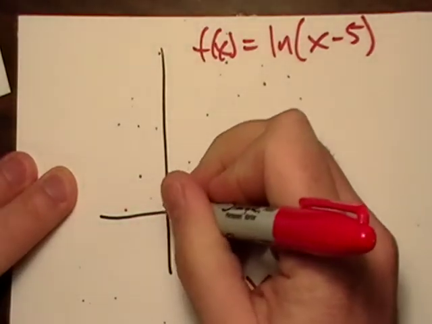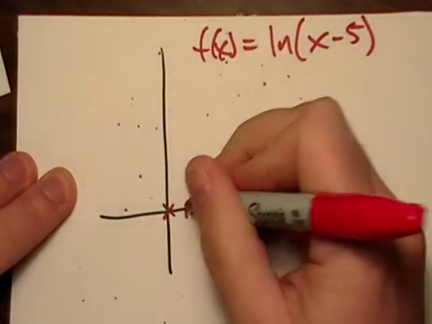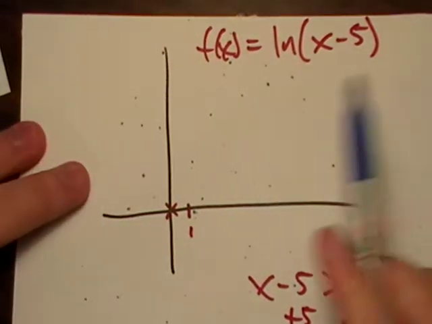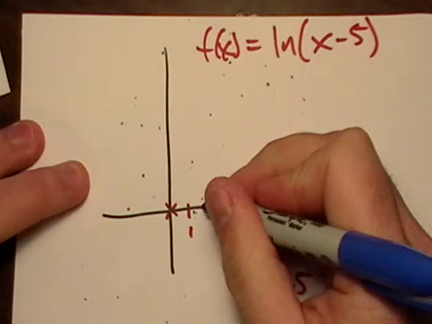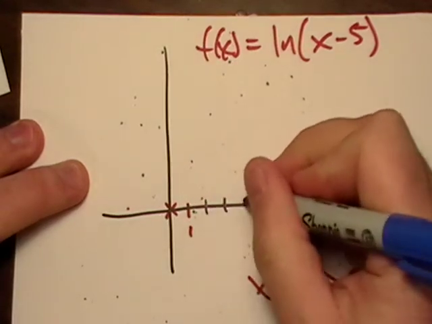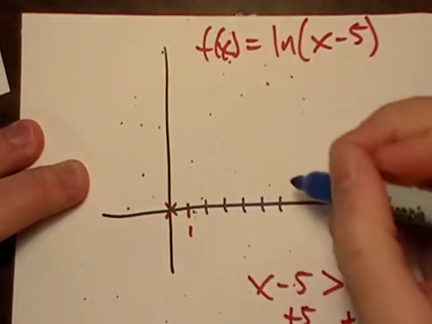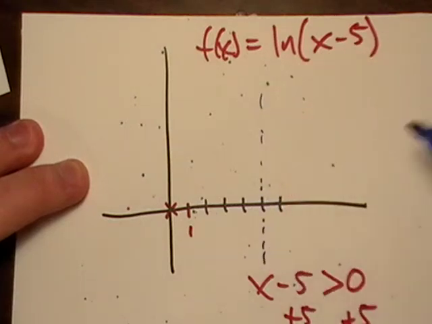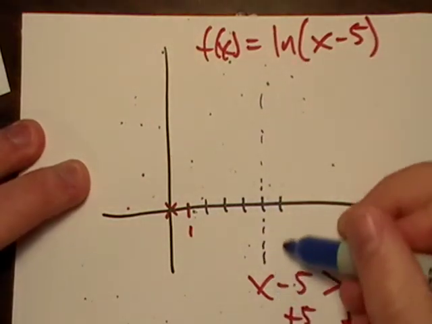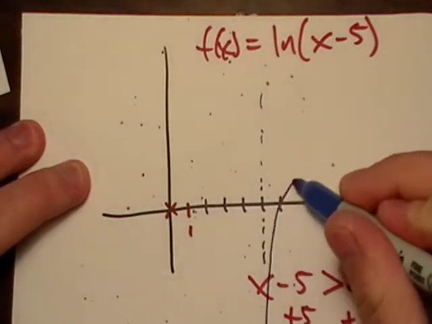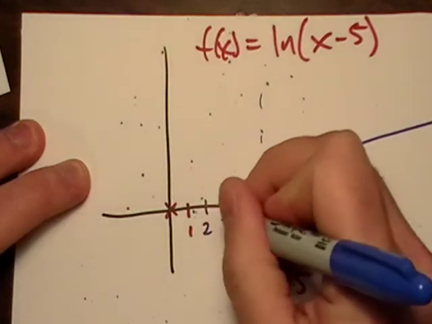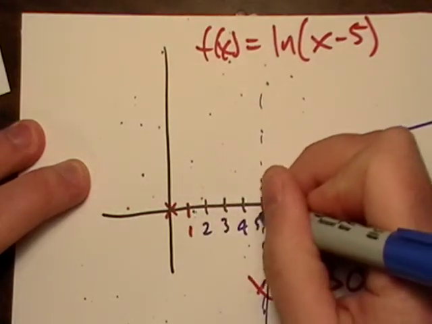So let's go ahead and graph this thing. Basically, we just took our regular graph, here is 1, and we shift it over 5 units. So 1, 2, 3, 4, 5. It looks like our new asymptote is right there, and that's 2, 3, 4, and there's 5.